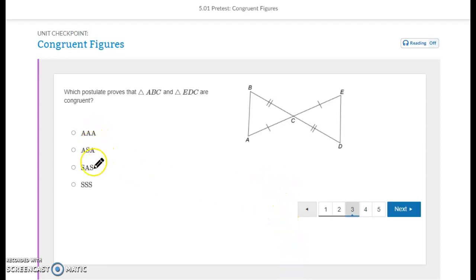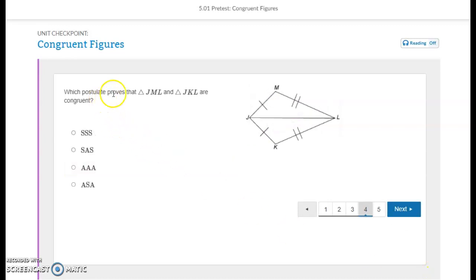We don't know that these two sides are the same size, or these angles, but we do know these two angles are across from each other because they are vertical angles. That keeps coming up a lot in this class. So in one triangle we have a side, an angle, and a side, where the angle is between the two. So this is congruent by side, angle, side.